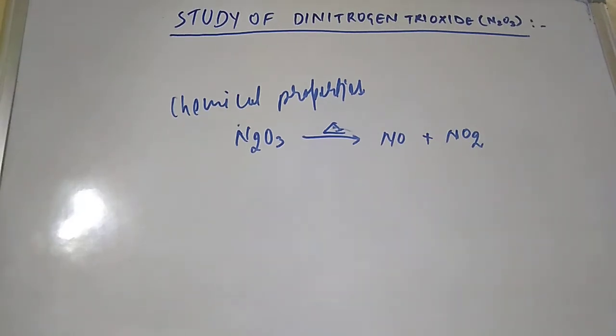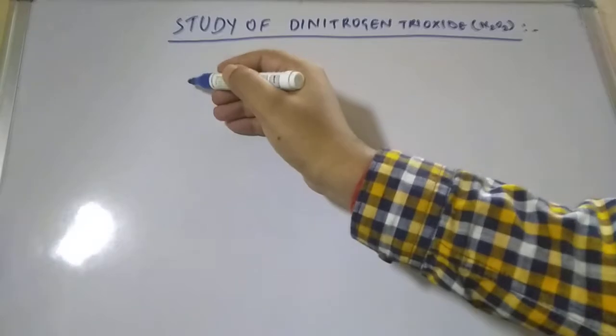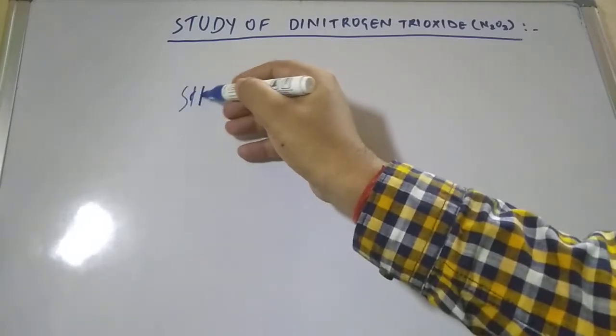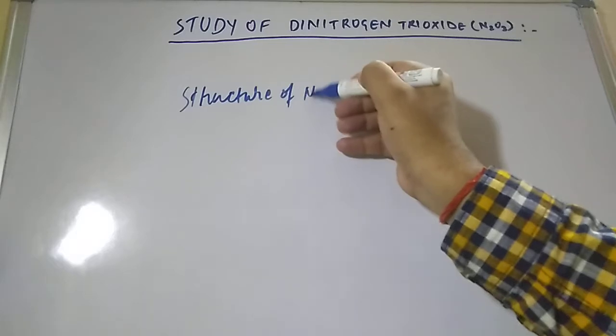Now we need to understand the structure of dinitrogen trioxide in detail. Here I am putting the heading, structure of N2O3.